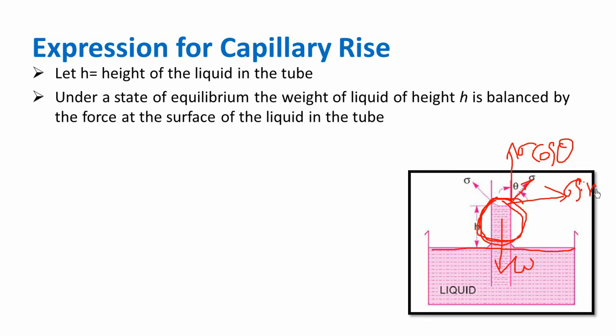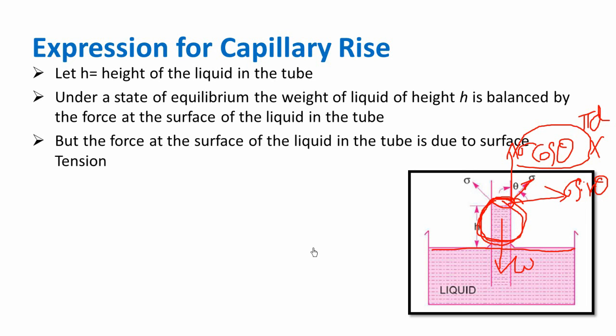The weight component acting in the downward direction is balanced by this vertical component of the surface tension force. So this is the surface tension, and we multiply with the length to get the force. Here the length is the circumference in contact with the glass, so we write pi d. This is the force acting in the upward direction, and this is the weight acting in the downward direction, which is formed because of the liquid height.